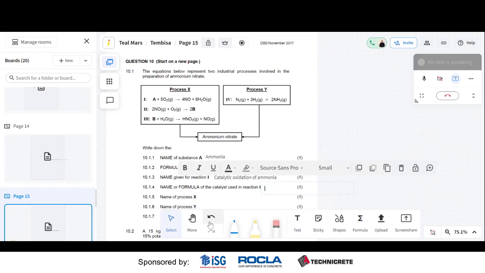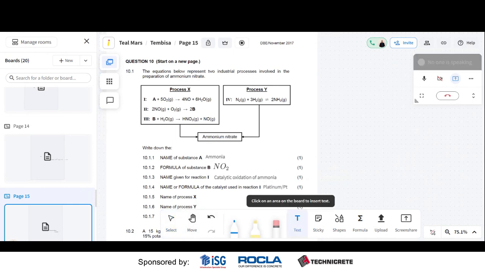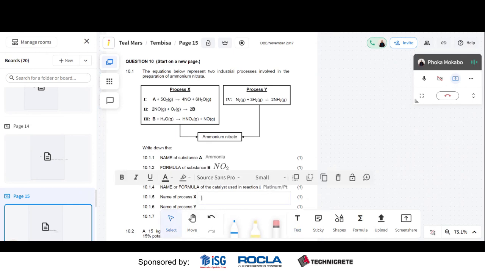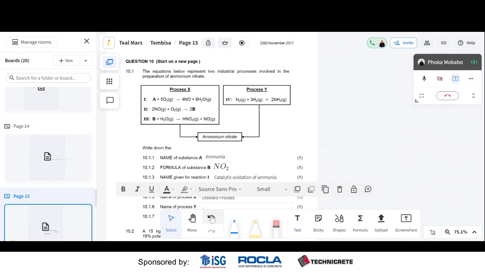As for X and Y, I've already given the names. Very famous processes in their own right.